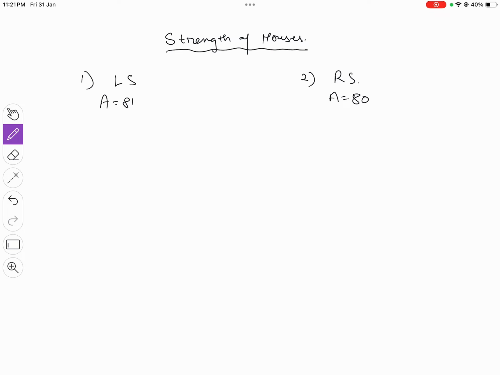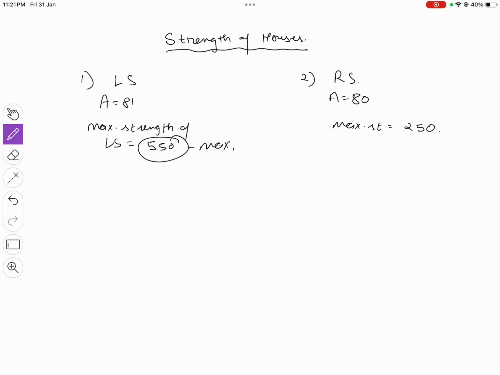Under Article 81, the maximum strength of Lok Sabha is 550.